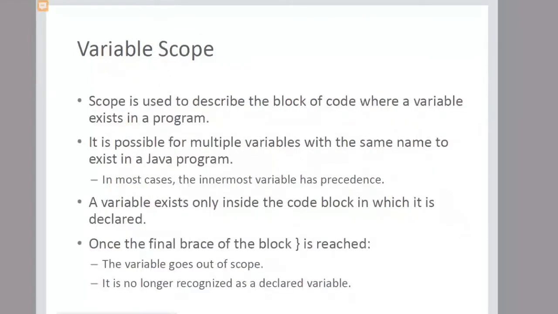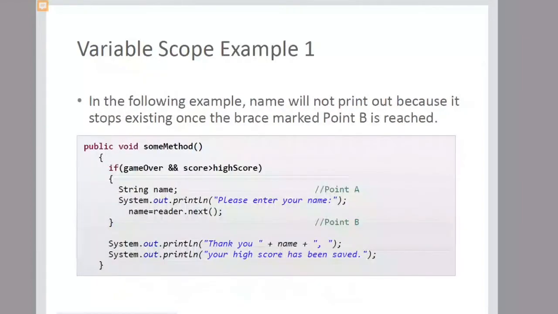Okay. Next one is very important: variable scope. Scope of a variable means the value's scope lies within the method only. Clear?